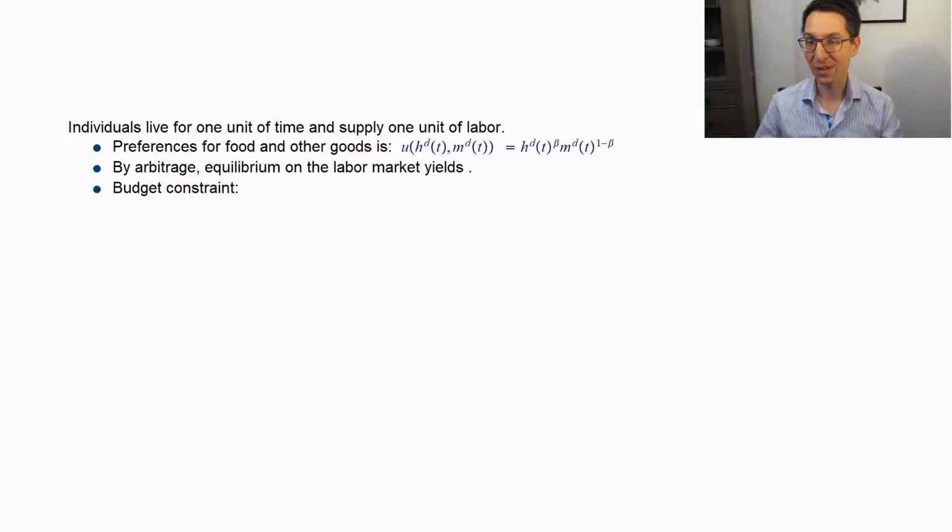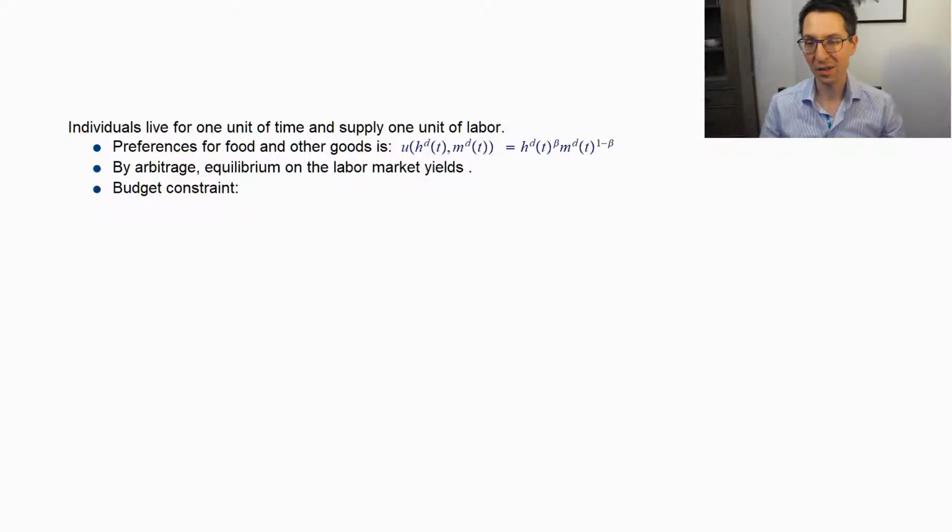So there's only one possible solution for this market: both wage rates have to be the same. Otherwise, all the workers would rush to the sector that pays more, and then over time the productivity of the workers in that sector would go down because of an oversupply of workers.